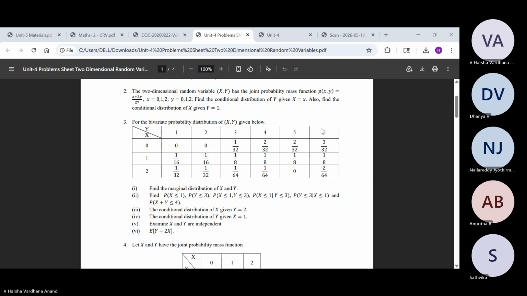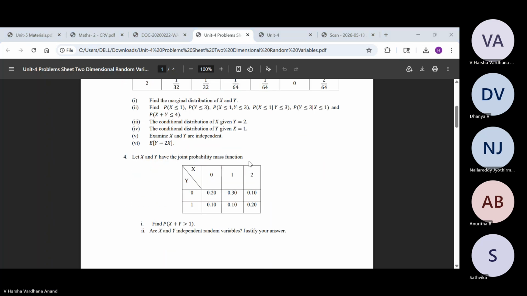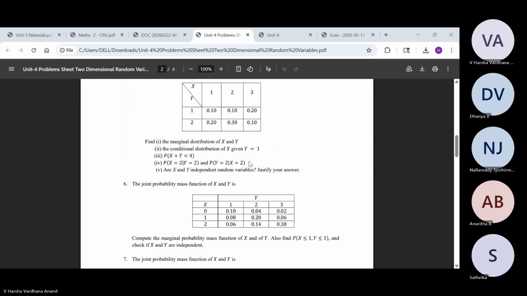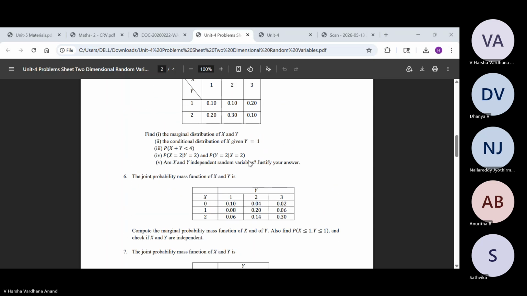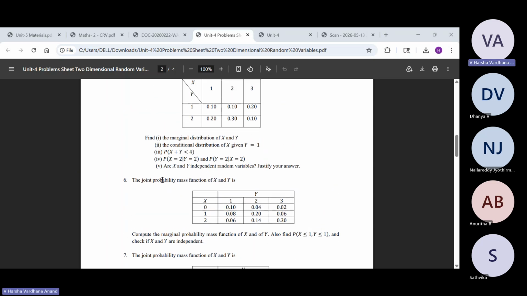Yeah. So most of these can be found out from this graph itself. In this case, are x and y independent random variables? Before we mentioned that for x and y to be independent random variables, this can't be possible, because if x and y are independent, this entire thing would be just one value.